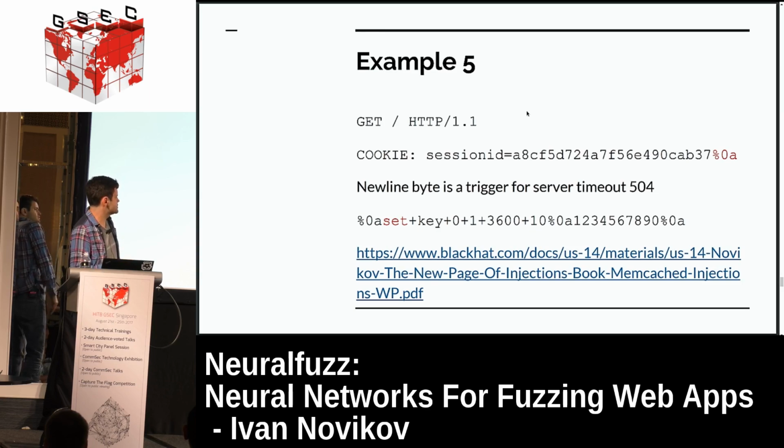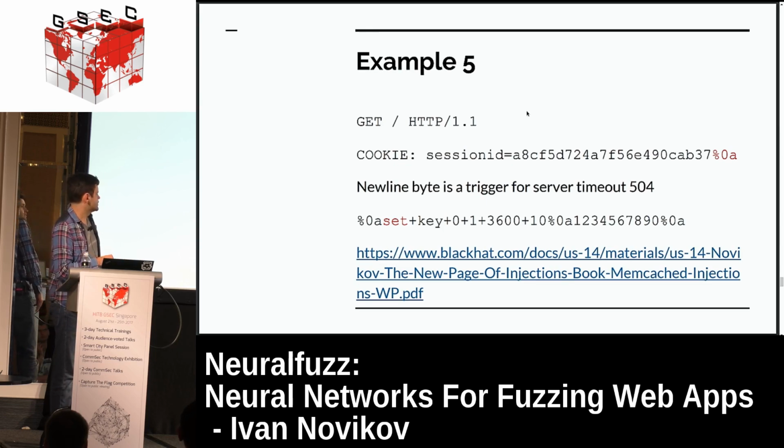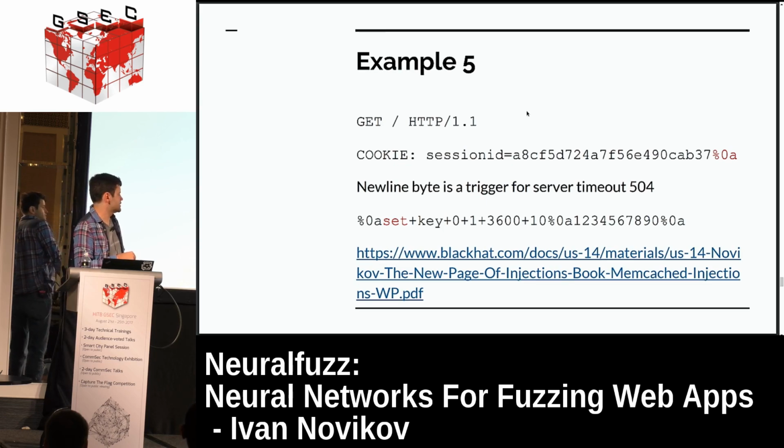And the last one is memcached injections. I talked about these things 3 years ago at Black Hat, and sometimes you would like to apply all the variants, all the payloads based on this data. In the case of sessions and some kind of hex data, my neural network trained on these payloads tries to suggest memcached injections because of this hex encoded data.